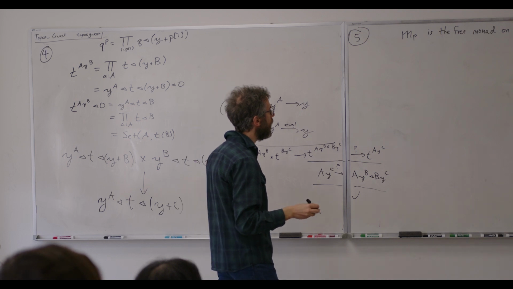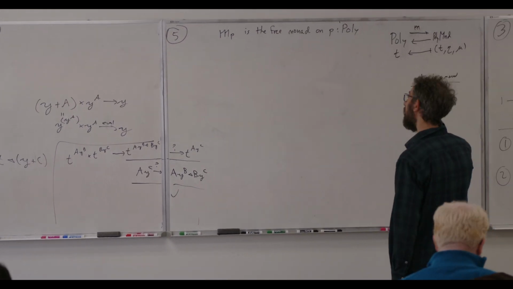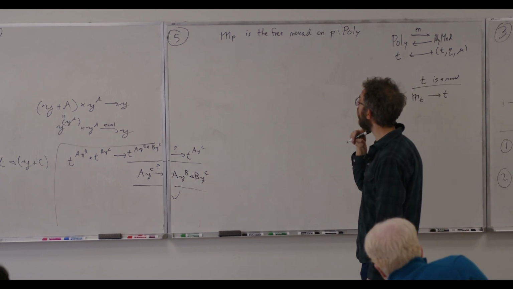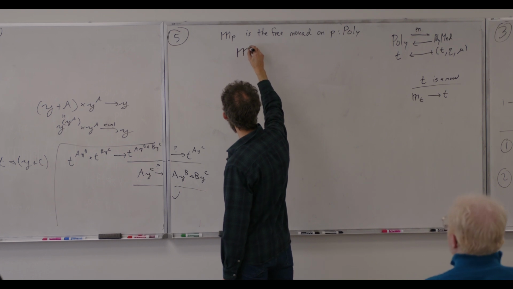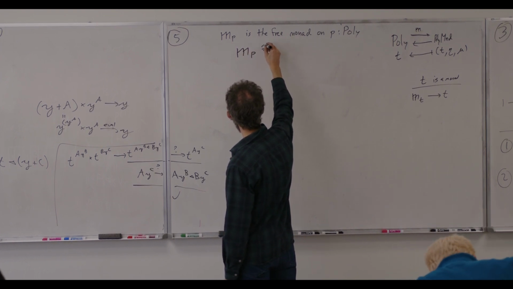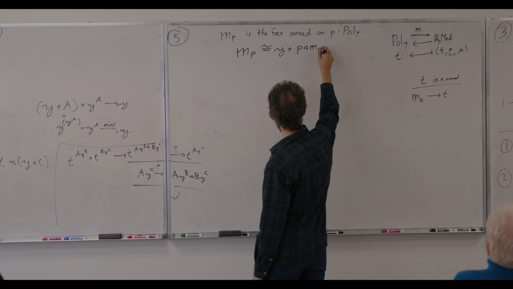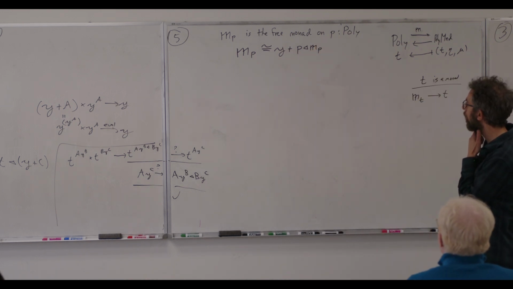Free monad. Okay. So yesterday, I forget if Joachim said how to get it, but I think he just said it satisfies this equation, and it's the least thing that does.